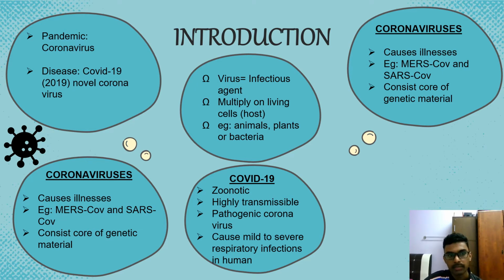Coronaviruses are a family of viruses that cause illness such as respiratory diseases or gastrointestinal diseases. Respiratory diseases can range from the common cold to more severe diseases such as Middle East Respiratory Syndrome, MERS-CoV, and severe acute respiratory syndrome, SARS-CoV.